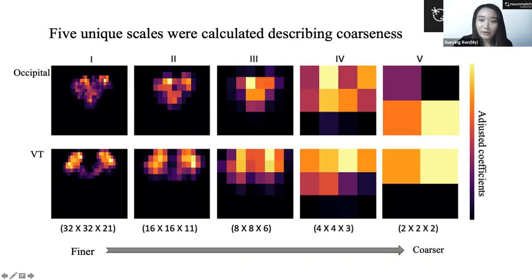The first row here is the occipital brain region, and the second row is VT. The values in the parentheses indicate the number of coefficients transformed using the wavelet on each scale. We can see from this that as the scale gets larger, the resolution gets coarser.